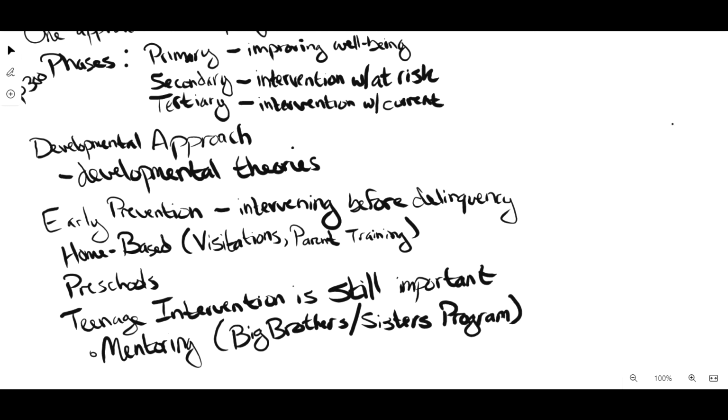If you're not familiar with this, it's a program where an individual who is a little bit older volunteers and signs up to be a quote-unquote big brother or big sister to an individual who is looking for that kind of role model to look up to. The adult acts in a supportive way, not as a parent, and that's important, but as an older sibling, someone who's offering advice and guidance and looking out for the well-being of the individual. That's the idea behind the Big Brothers and Big Sisters program.